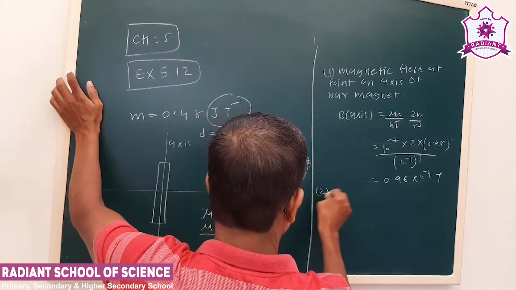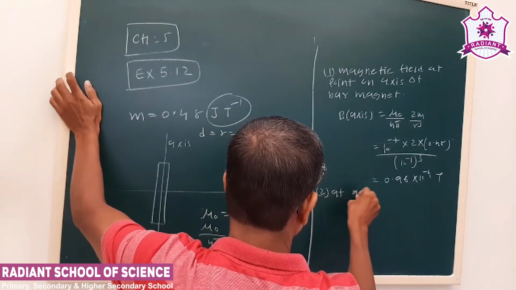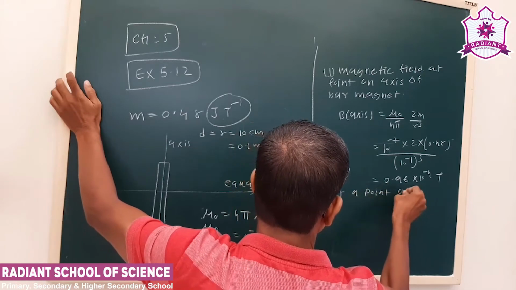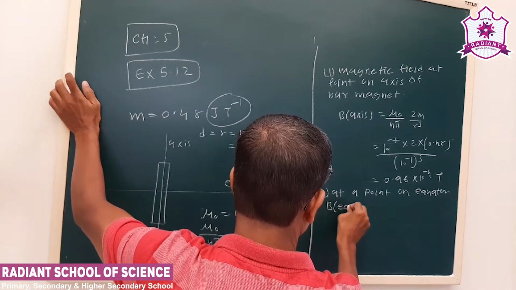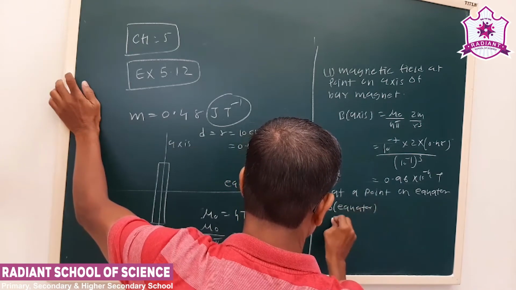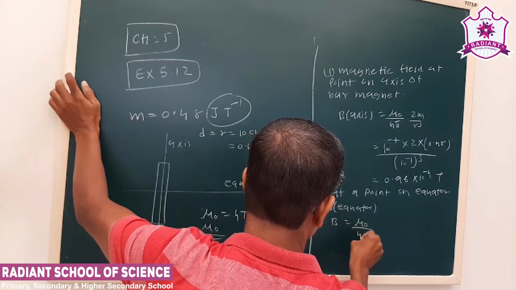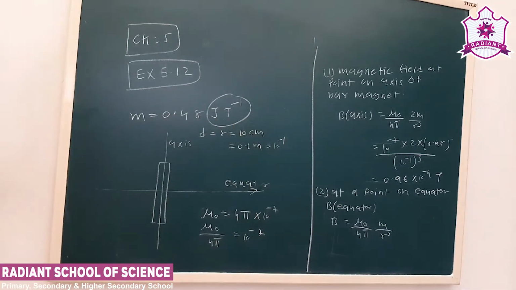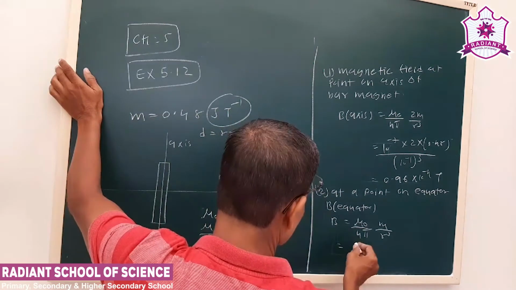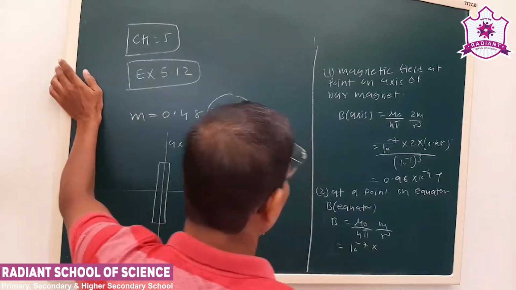Similarly, at a point on equator, okay, now it is generally half of the value on the axis, so B equator is mu 0 upon 4 pi, 10 to the minus 7. M is how much? 0.48.